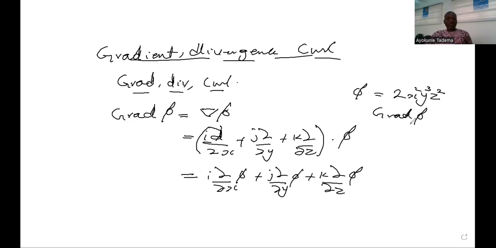How do you find grad phi in this particular question? All you need to do is the same thing as what we have here, but instead of phi, we replace it with 2x squared y cubed z squared.